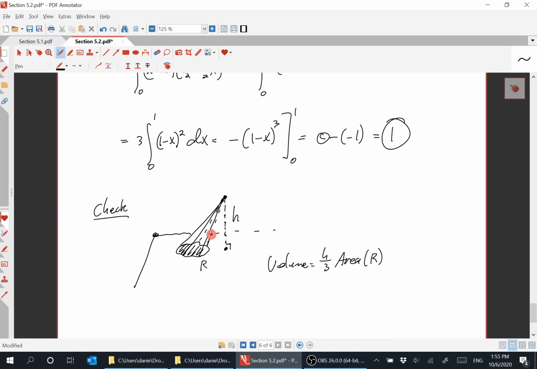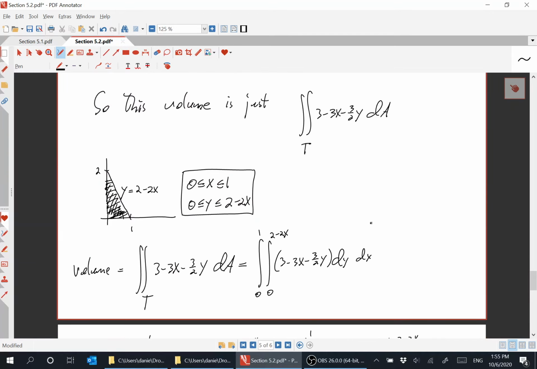So that's what a cone is. You've got this region in the XY plane, and this point that you're stretching the region up to, and the volume is always the height over 3 times the area of R.